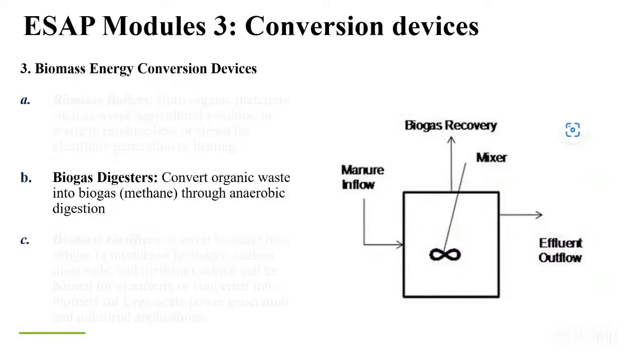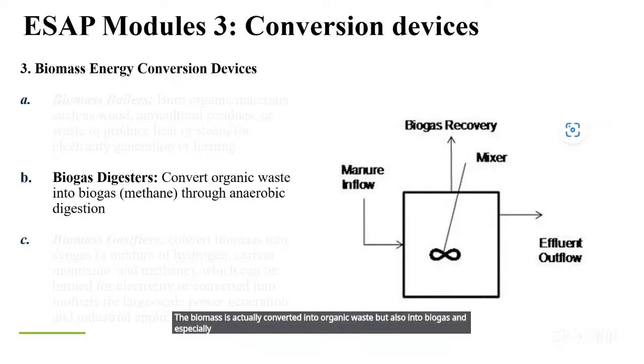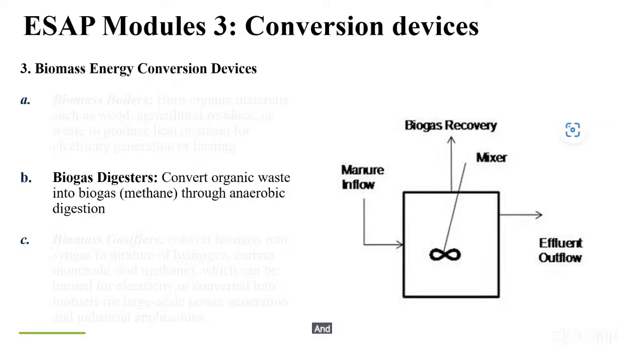Now, for the biodigester, this is where the biomass is converted into organic waste, but also into biogas, and especially methane. And methane is recovered and used for other purposes.